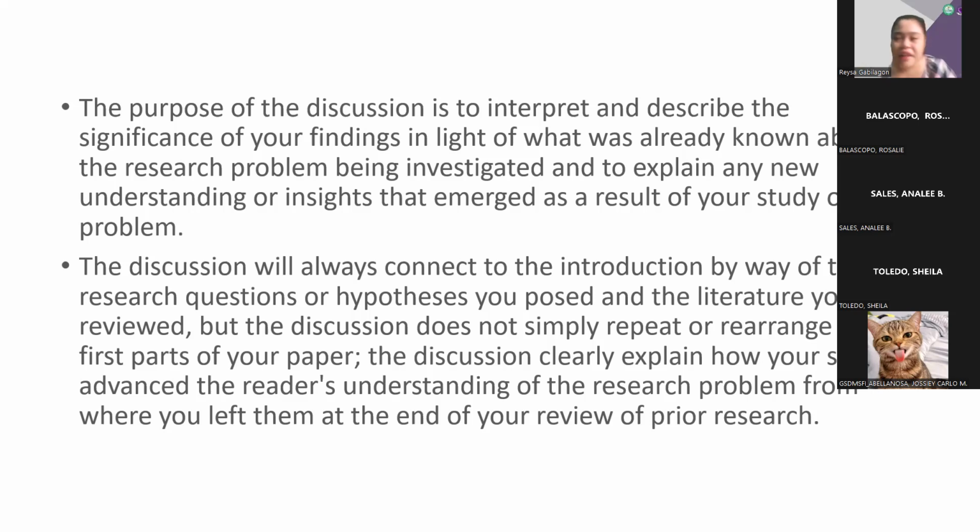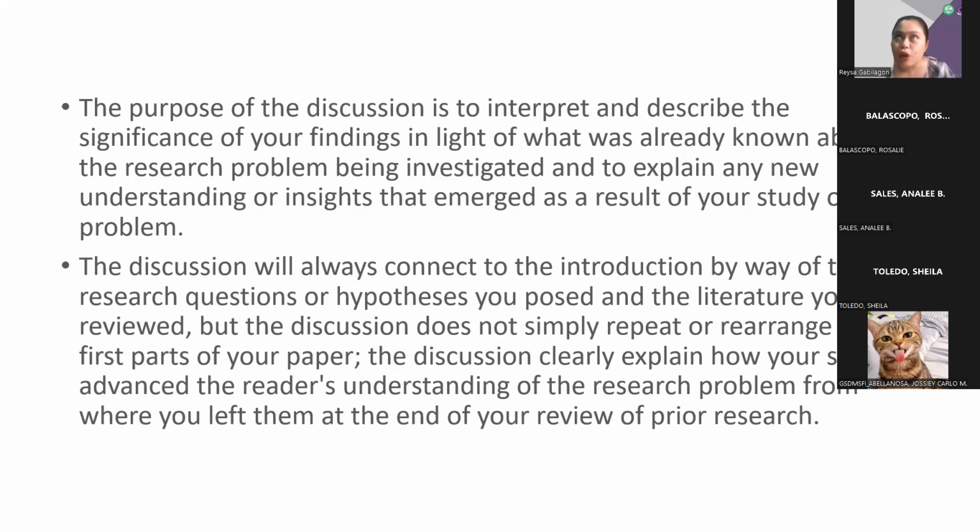Now, in explaining the results of your study, you have to back it up with literatures or even studies. Okay, again, during the explanation, you have to support it with evidences. And where are you going to get these evidences? It has to be from the RRL ng study ninyo. Okay, so you have to identify parts of your RRL that would support your findings.